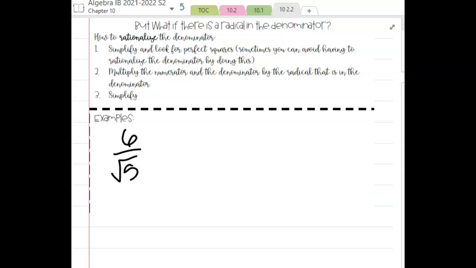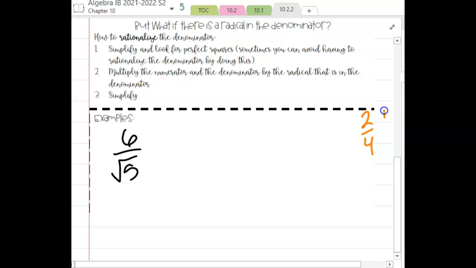So the first thing we want to do, and this step is kind of optional in a way, but I promise you it makes things easier, is simplify. Simplify as a fraction and look for perfect squares if there are any. What I mean by simplify: if you had a fraction like 2 over 4, you know you could reduce that into 1 over 2.